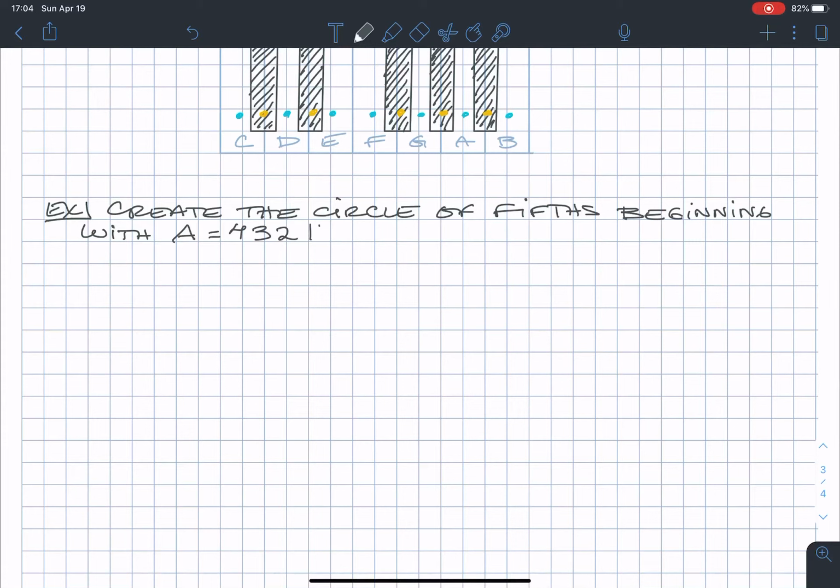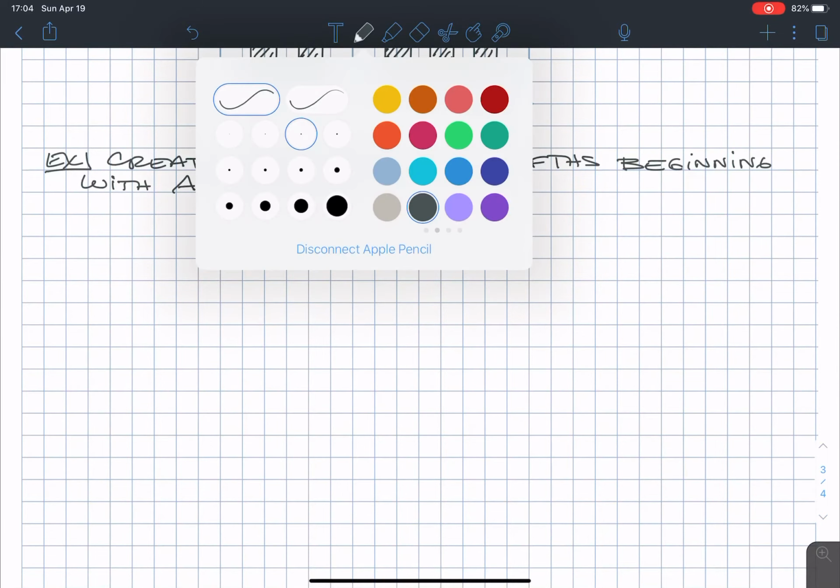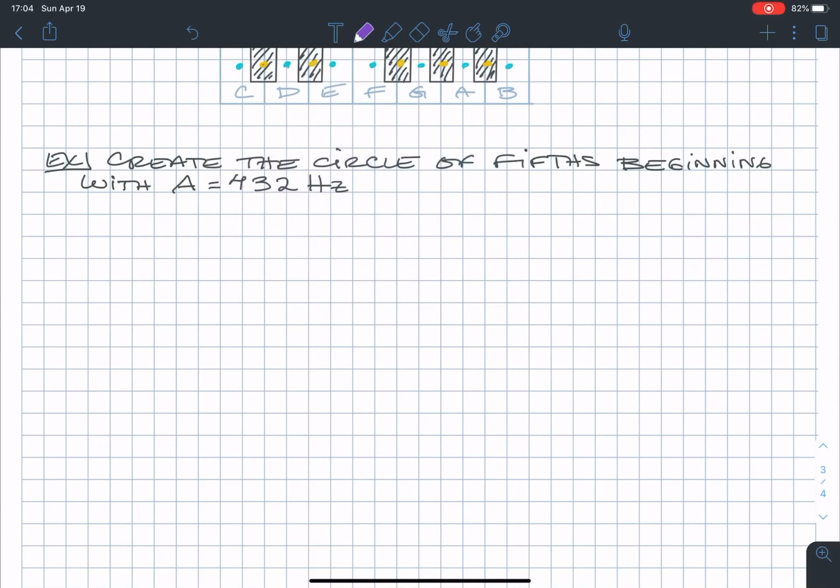And a hertz means 1/seconds. So the string will vibrate at 432 beats per second, basically. Okay, so let's start with A 432.